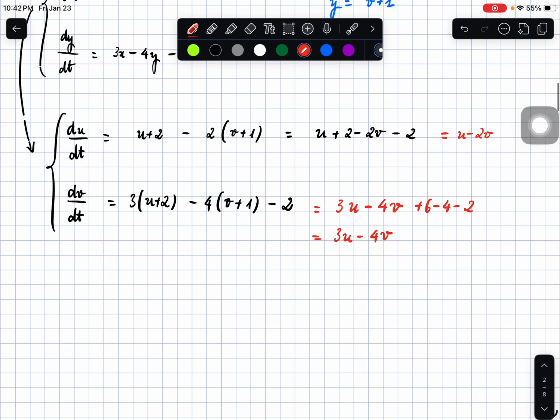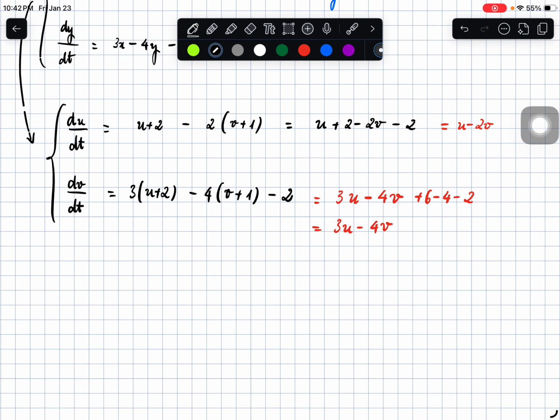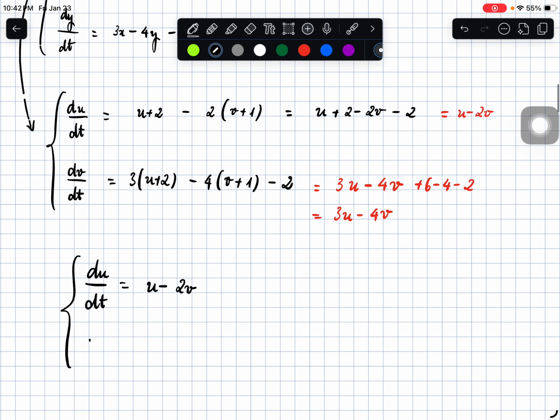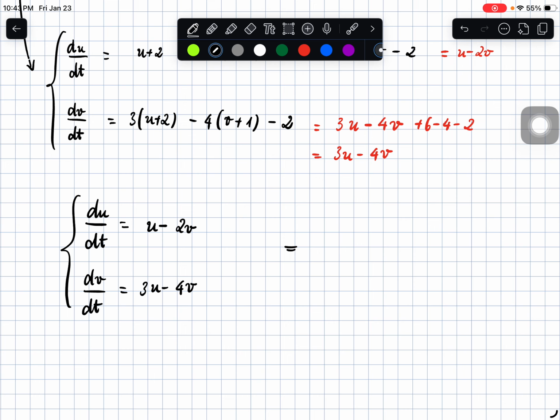So you see that we bring the original system to the new one: du over dt equals u minus 2v, dv over dt equals 3u minus 4v. Or if we want to write it in matrix form, you have u prime, v prime equal to A times u, v, with A in this case 1, minus 2, 3, minus 4, times u and v.